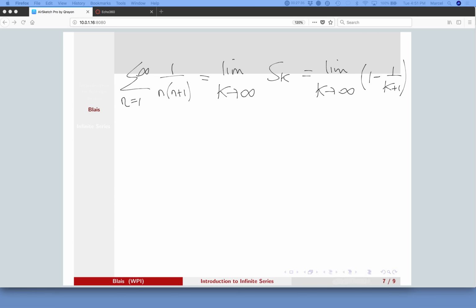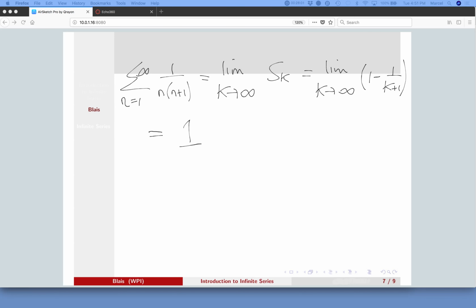And that limit we can see is 1. So the way you can interpret that is the more and more terms you pile into the series, the larger k gets, the closer and closer that partial sum is getting to 1. And if you add up all the terms in the series, infinitely many of them, you get exactly 1.